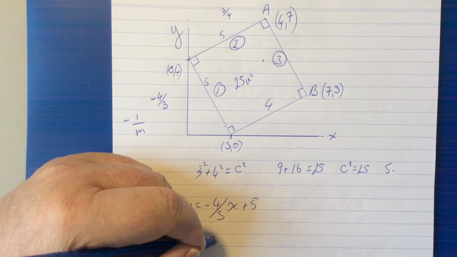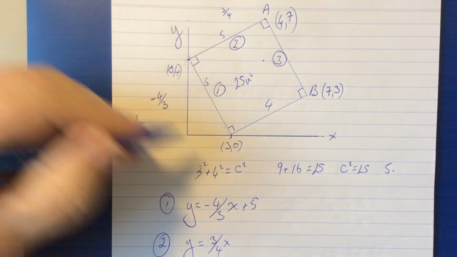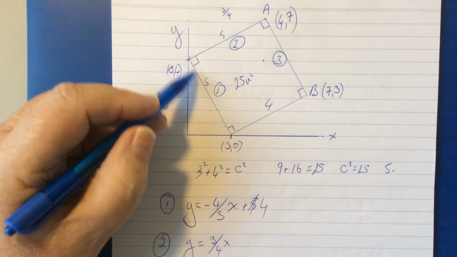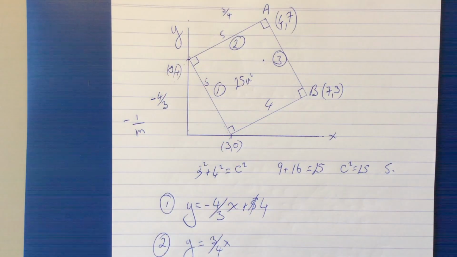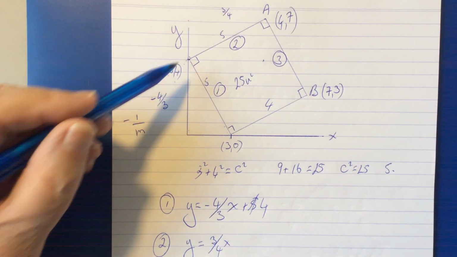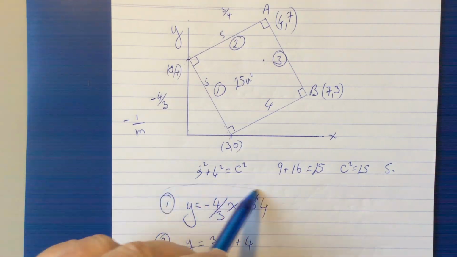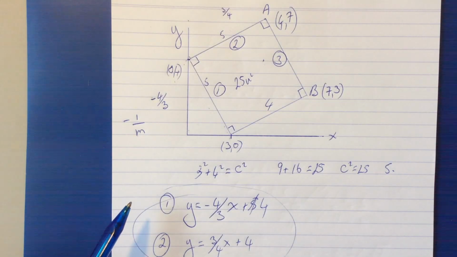It equals 3 over 4. And, sorry, that should be 4. I don't know what I was thinking. I must have been thinking about this line. The y-intercept is 4, not 5. So, scratch the initial mistaken thought there. The y-intercept is 4. So we have equations for lines 1 and 2.